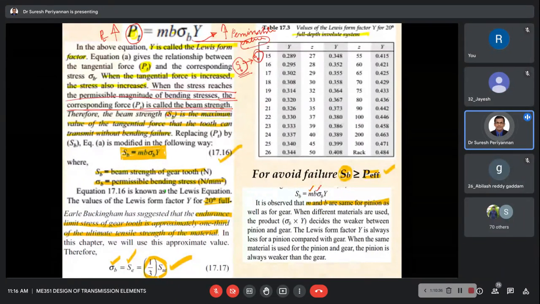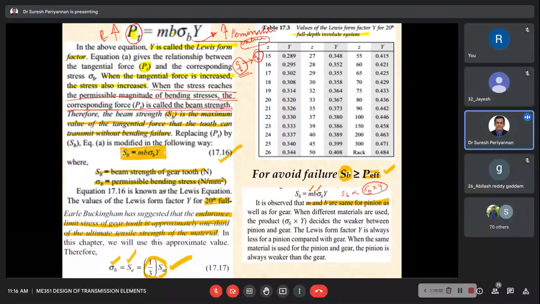What is the remaining parameter? Yes, sigma B into Y is the remaining parameter. Sigma B into Y, right? That will decide the strength of the pinion or the gear, because the other two parameters are the same. Only sigma B and Y will be varying.